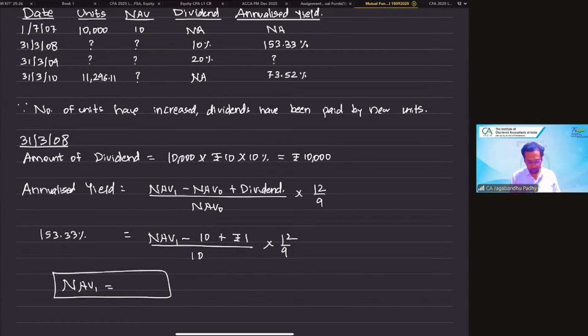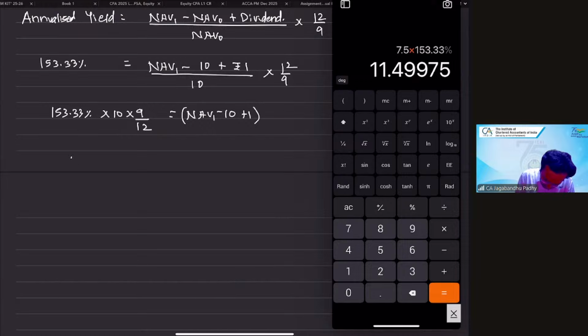So this is 10 into 9 divided by 12 into 153.33%. This is 11.4998, which is equal to NAV 1 minus 10 plus 1.